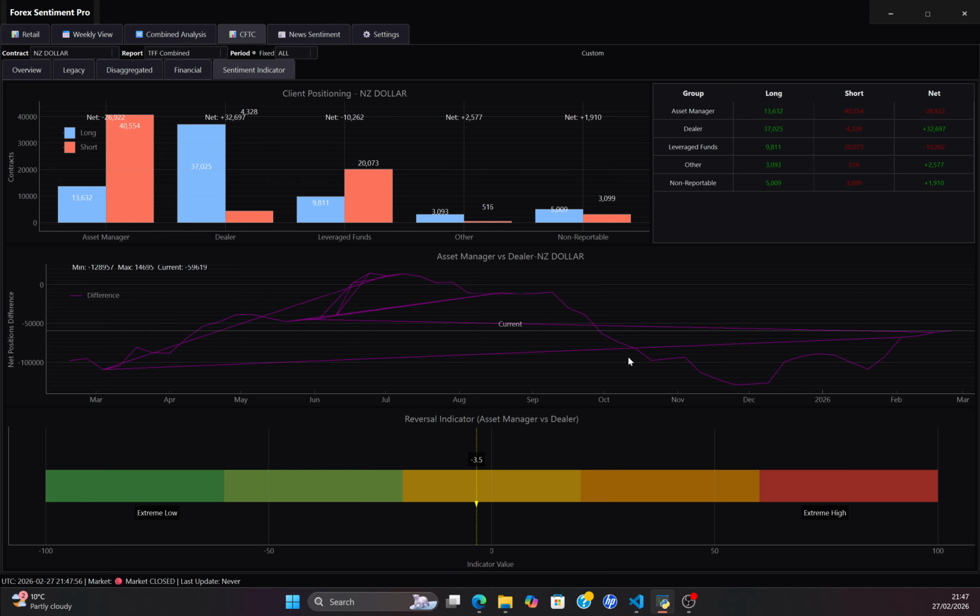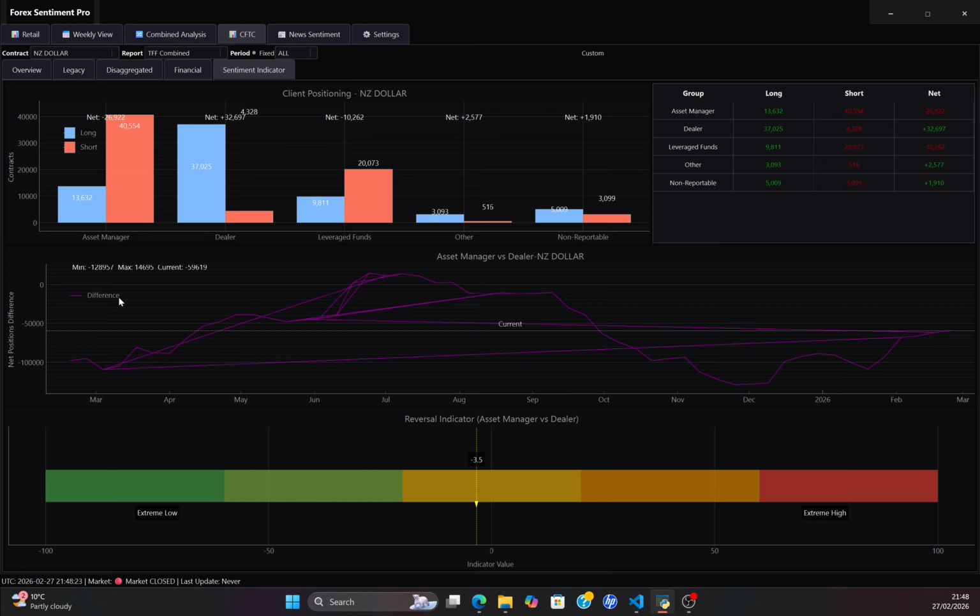It's quite a summarized statistic at the top, where you have the net positions. And now we are on the trading financial markets, who are asset managers, dealers, leveraged funds. And then you can see the summarized positions.